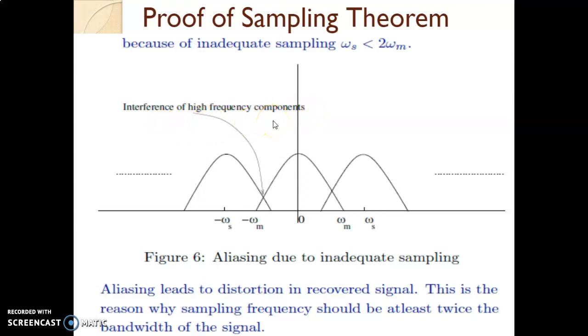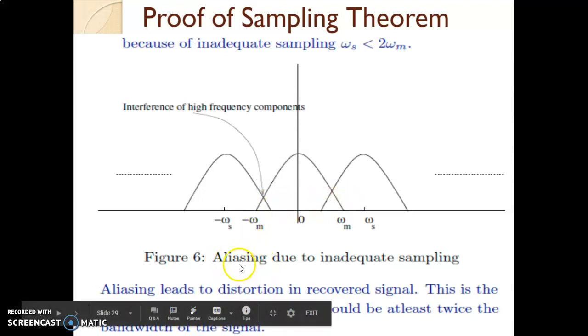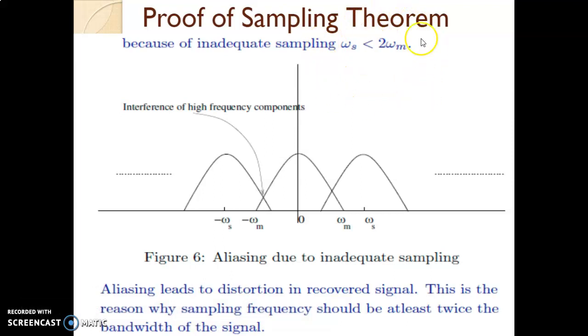So when you are not following the sampling theorem, meaning omega s is less than twice omega m, the samples are overlapping in the frequency domain, and this effect is called the aliasing effect, which happens because of inadequate sampling. That is why, to avoid this aliasing effect, the sampling frequency should be greater than twice of fm. If this rule is violated, we get overlap in the samples, and this is called the aliasing effect.